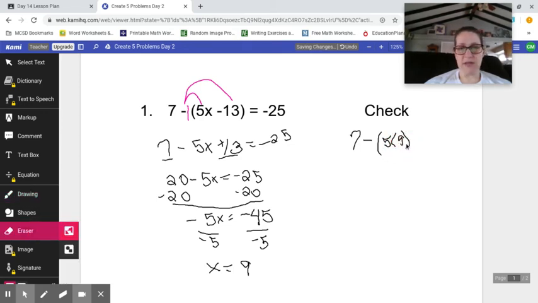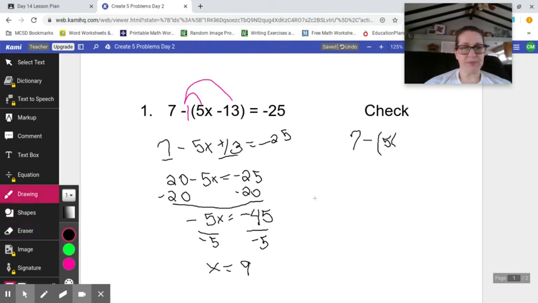Let's erase that and let's make that a better looking 9. Minus 13 equals negative 25. Okay. First thing I'm going to do is the multiplication.